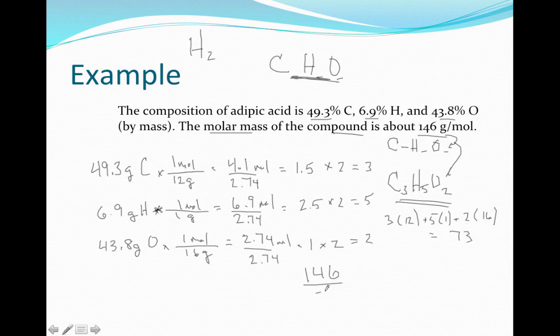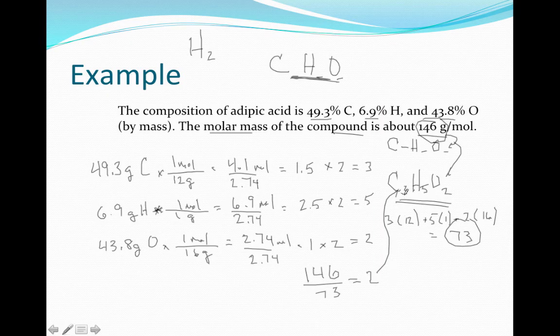So what we're going to do is take the molar mass from our molecular formula and divide the molar mass of the empirical formula into it. We'll get 2 there, so that tells us that everything in our empirical formula must be multiplied by 2.